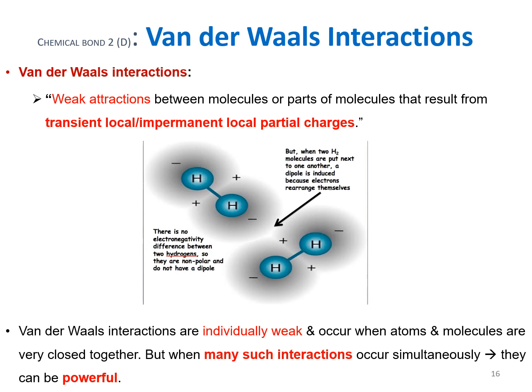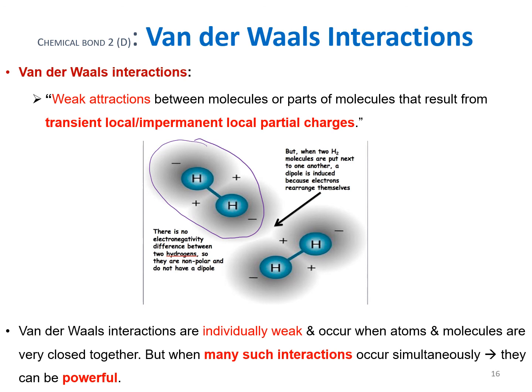But when many such interactions occur simultaneously, they can be powerful. In this diagram, for example, it gives you two hydrogen molecules. When a hydrogen molecule exists alone, there is no electronegativity difference between the two hydrogen atoms, so they are non-polar and do not have a dipole.